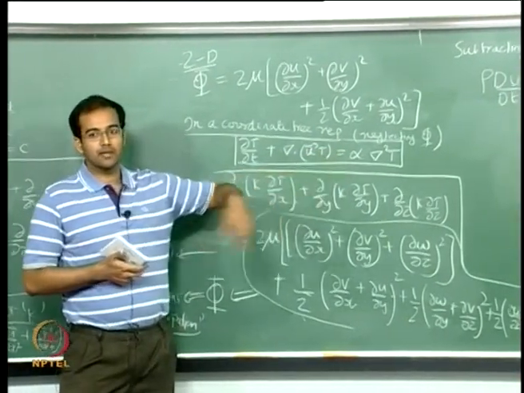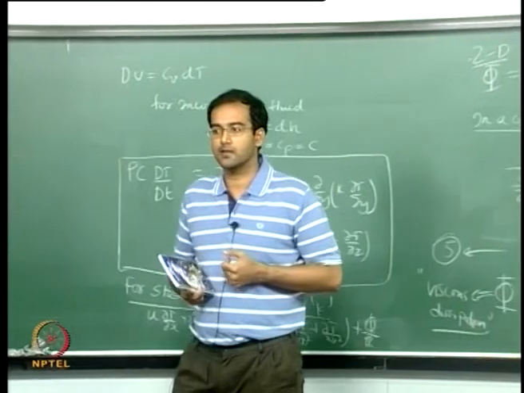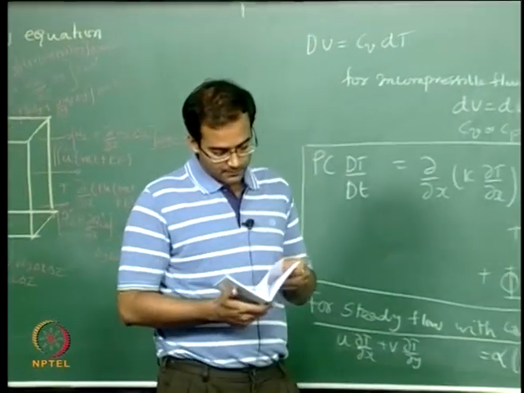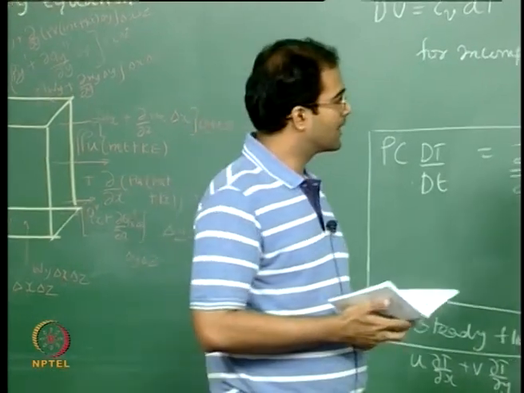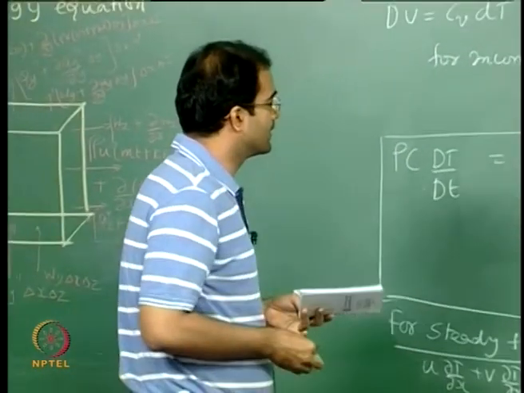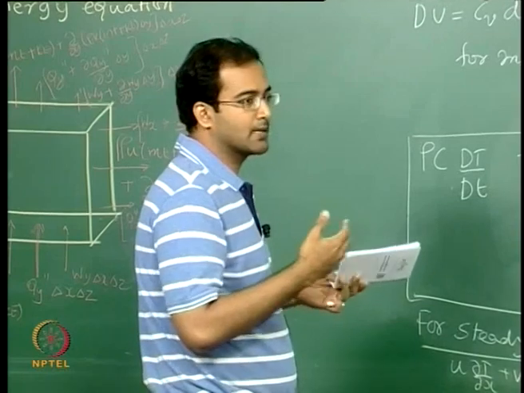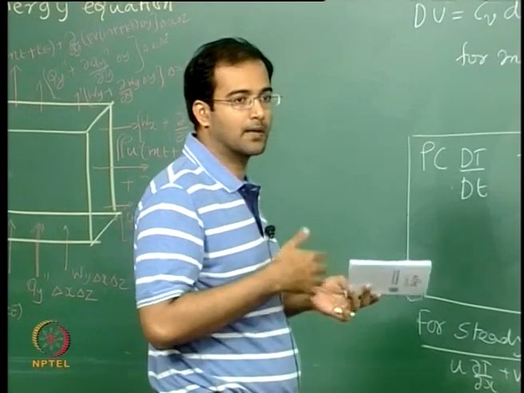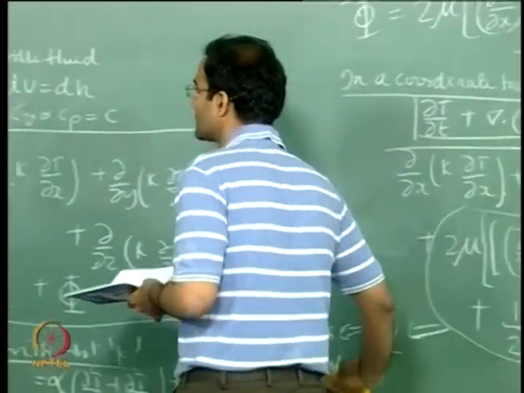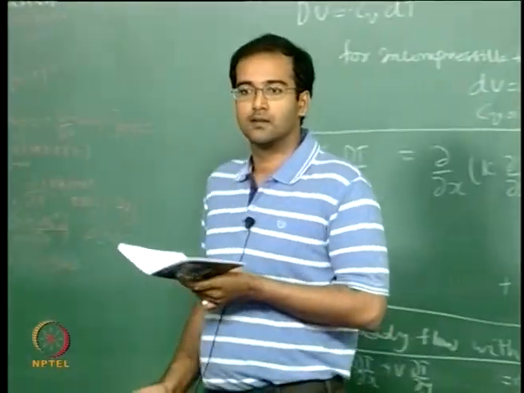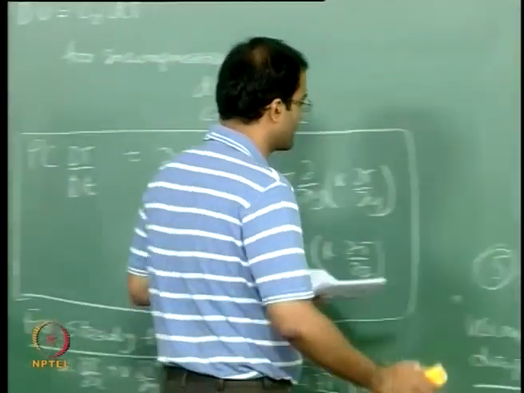The way to do that is by what is called the Reynolds transport theorem. I will give you some brief introduction into the Reynolds transport theorem now, and probably in the next class we can quickly do only the energy equation derivation from the Reynolds transport. The momentum equation, I think you can try it out yourself. Any questions so far on this? Okay, I think some of this is already familiar to you.